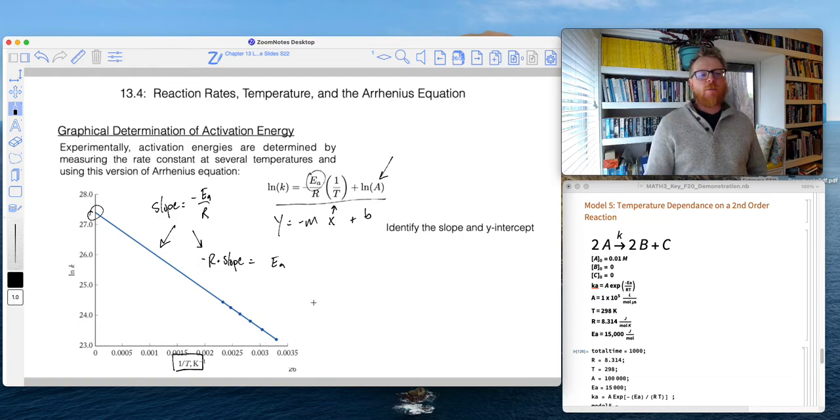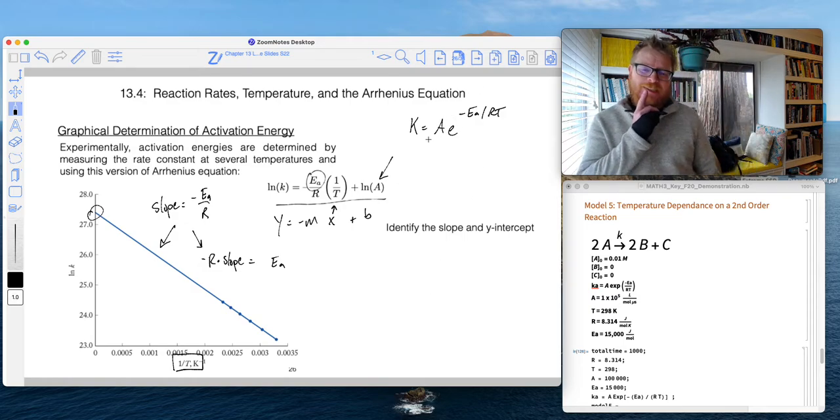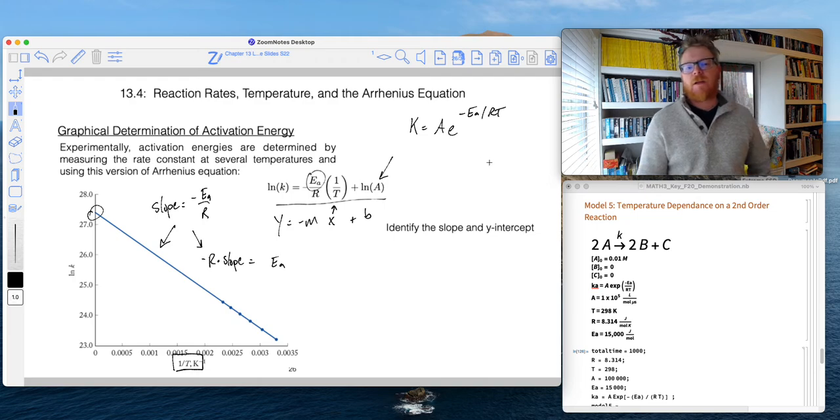Okay, so a little bit more detail on what all this stuff means. I want to go back now to this version of the Arrhenius equation, k equals A e to the negative EA divided by RT. So what is this A term? What does that give us? Well, suppose we have EA equal to 0.